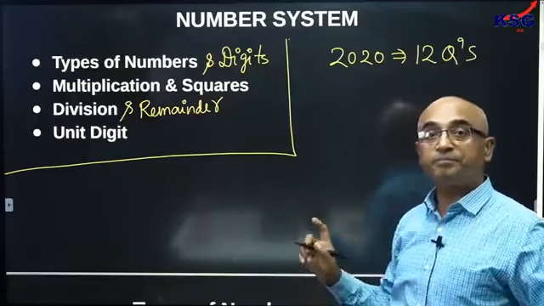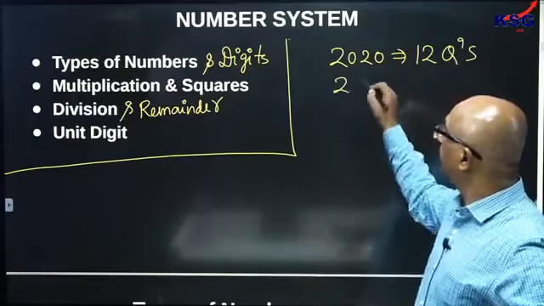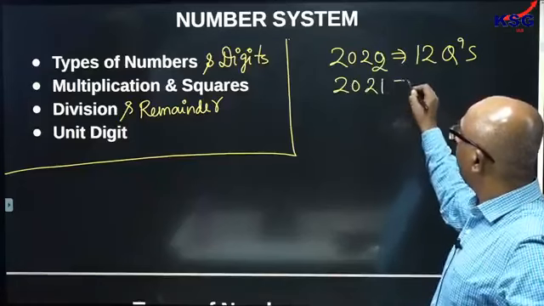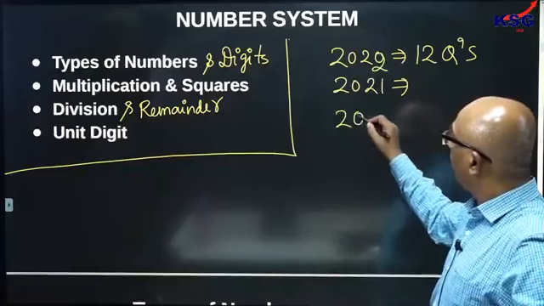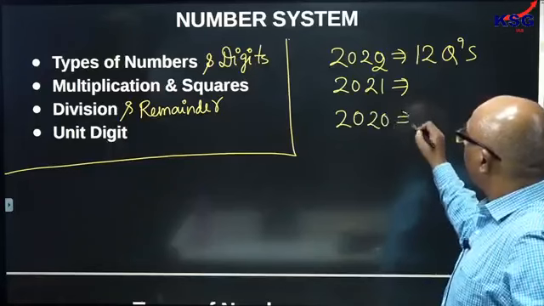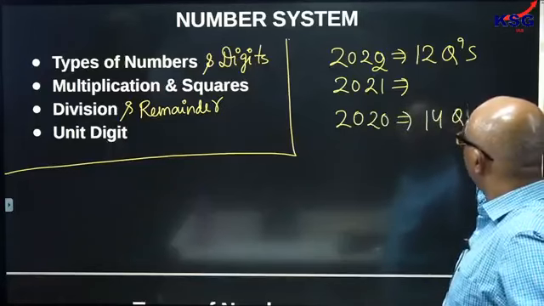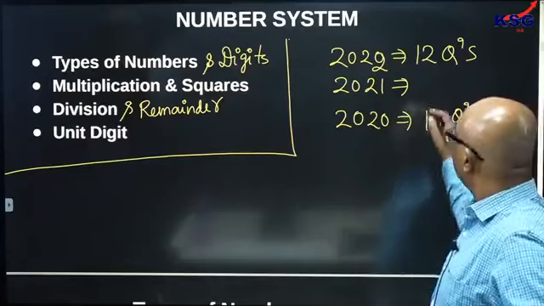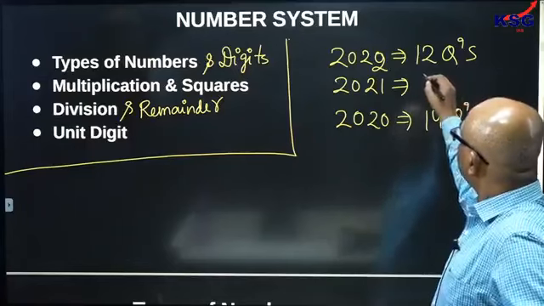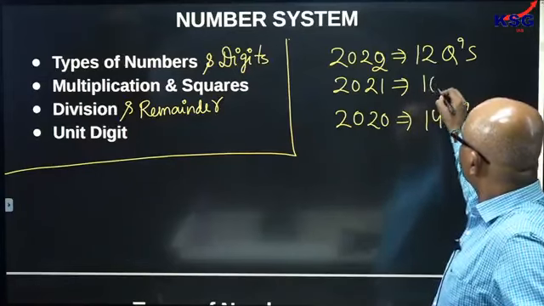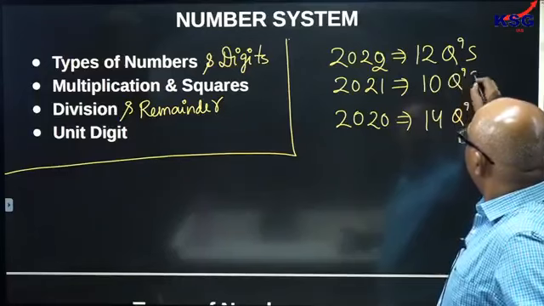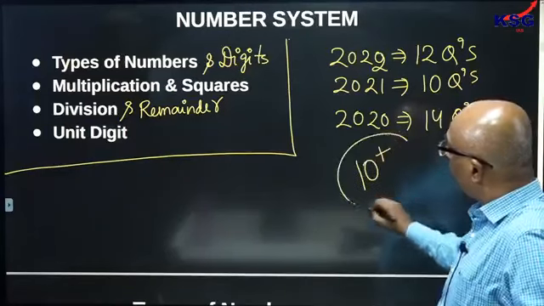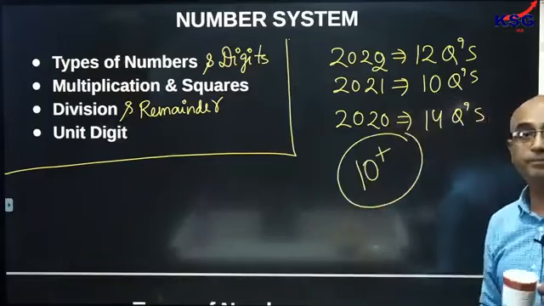In 2020, 14 questions in our paper. Last year also 10 questions. So 10 plus questions every year in our paper from number system.